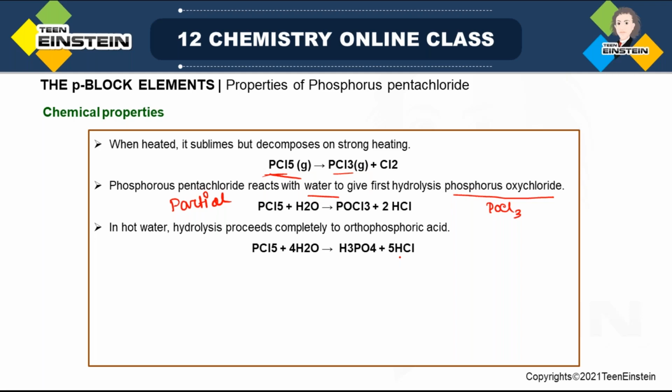But if it is what is the product of complete hydrolysis, then it will be a different product. So that is why we have two reactions. When it reacts with water first, there is formation of POCl3, but when it is complete, the final product is H3PO4. So depending on partial or complete hydrolysis, we get different products.